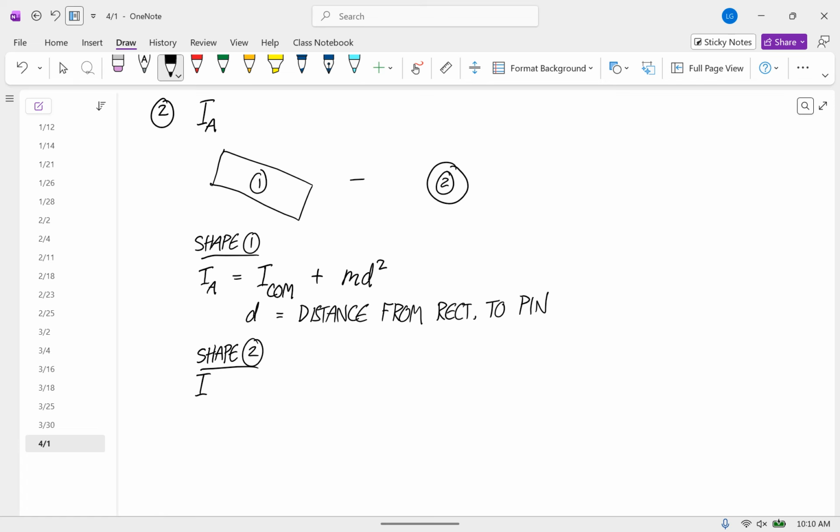So the moment of inertia of shape 2 about the pin is the moment of inertia of the circle about its center of mass.